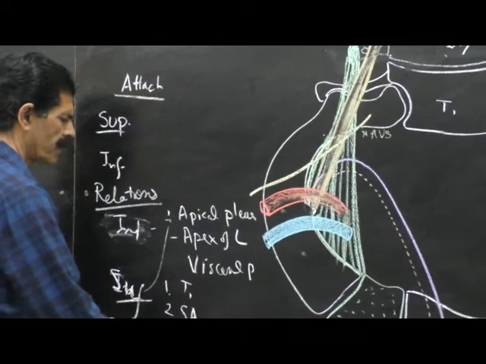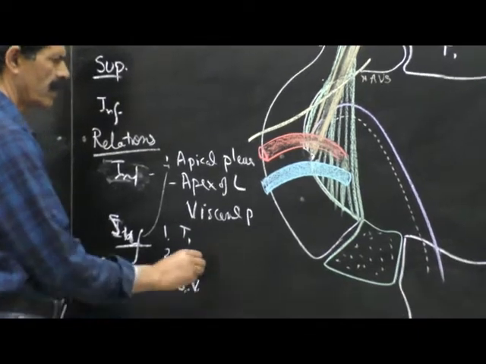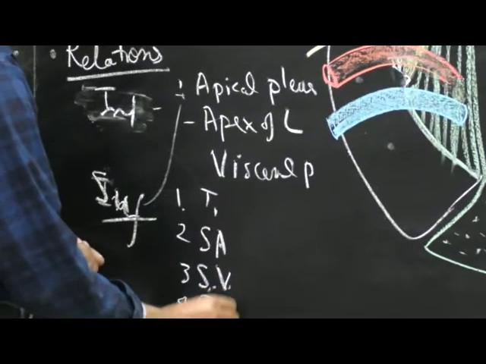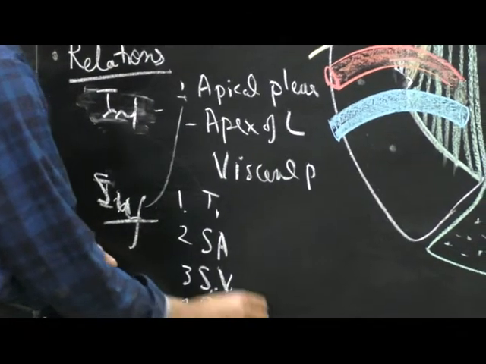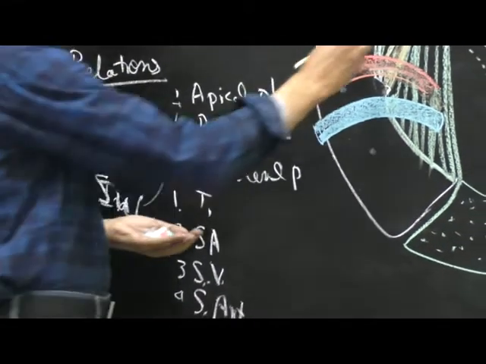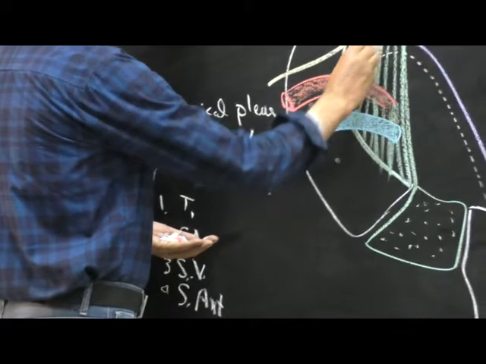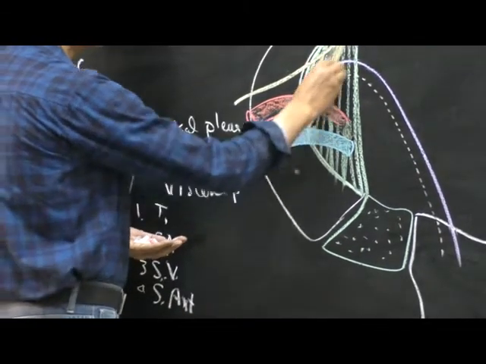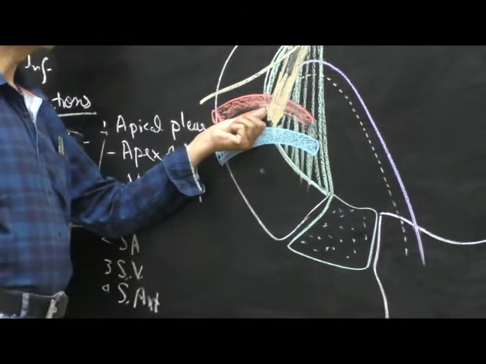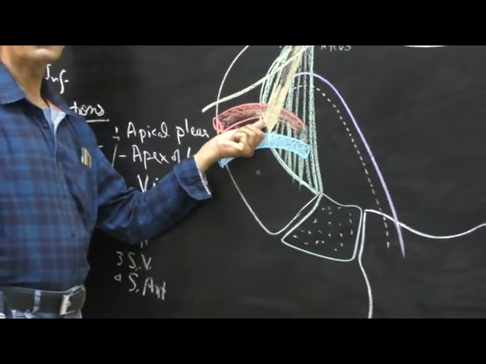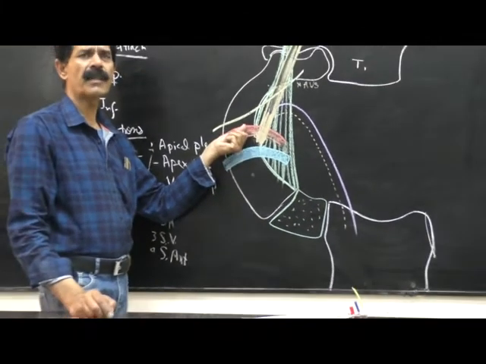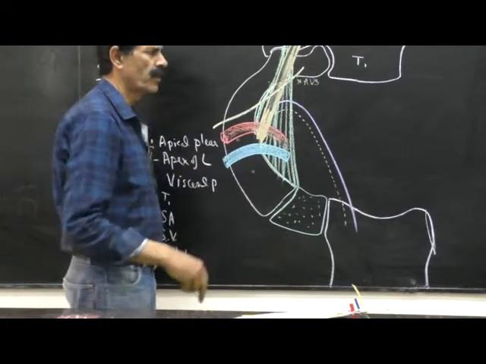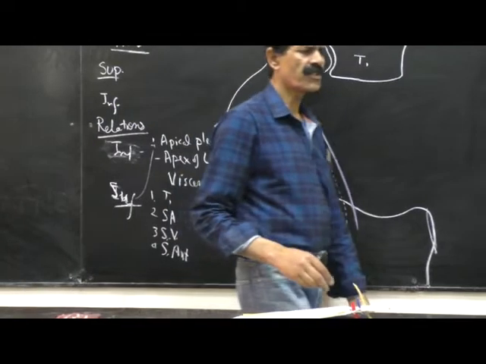Number 3, the subclavian vein. And number 4, scalenus anterior muscle. This scalenus anterior muscle intervenes between the artery and the vein, or the scalenus anterior insertion separates the subclavian artery and subclavian vein. So it lies in between the two. So they are in the superior relation.